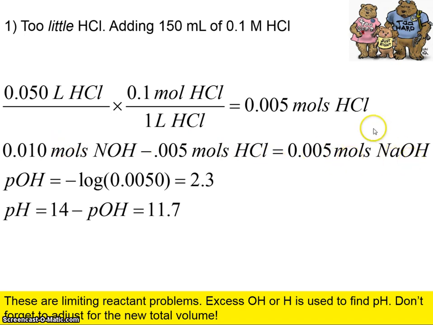I take the negative base 10 log of the concentration to give me the pOH, which is 2.3, which means my pH is 14 minus 2.3, or 11.7. Right, so I'm just going to use the excess OH minus or H plus to find the pH. And don't forget to adjust for the new volume. So if you took two things and added them together, you've got to adjust for that volume.